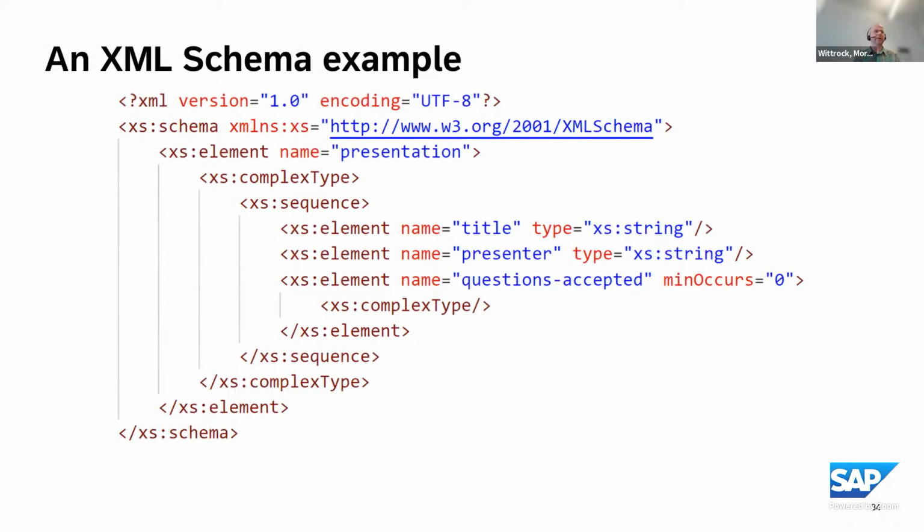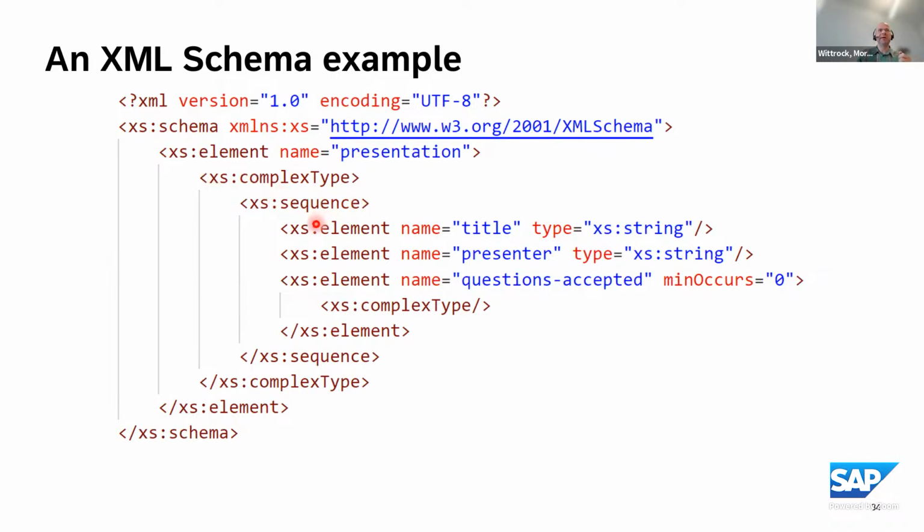And yeah, let me show you an example of a schema. This is the presentation document again. I simplified it a bit so it would fit on a single slide. So I reduced the presentation to 3 elements here. The schema's root element is called schema. It's in this schema namespace. We define a single element here called presentation, the root element, and then define what is the type of this element.